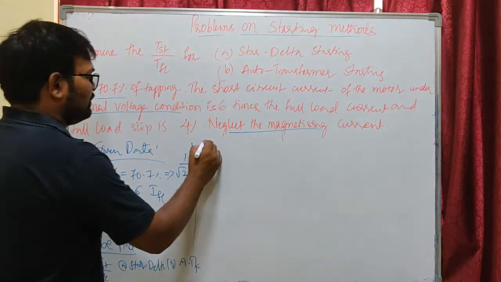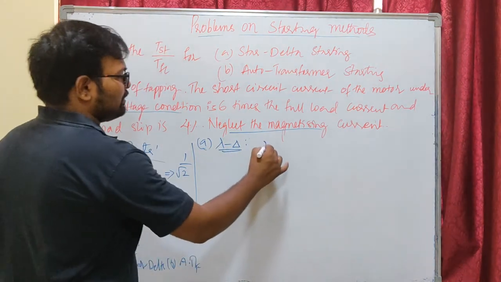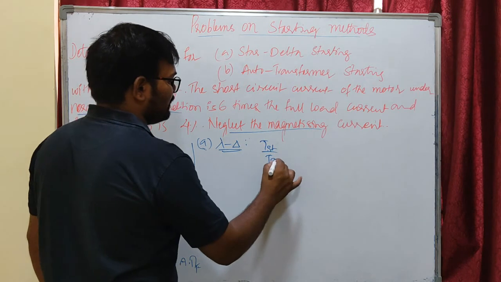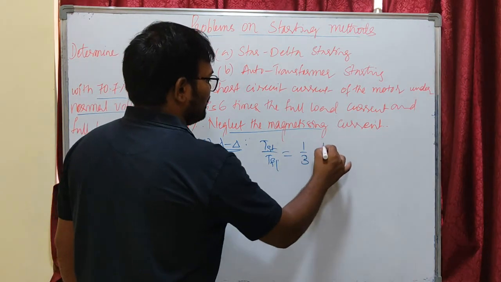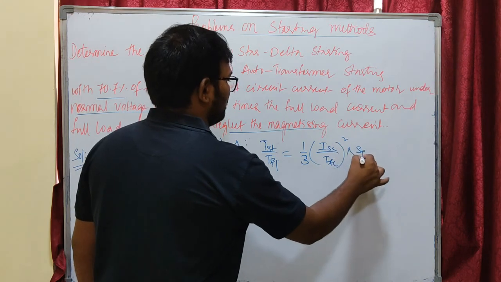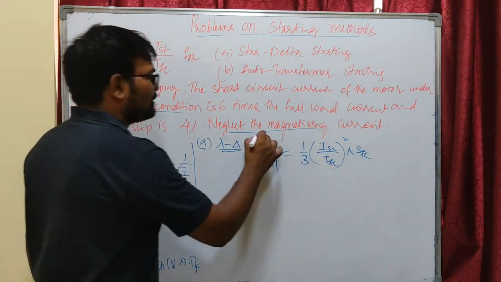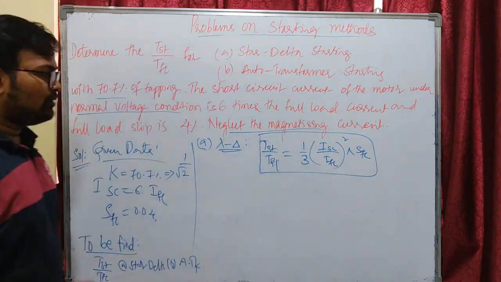So I am going to consider the first one, star delta starting. The relation between starting torque to full load torque for star delta starting is equal to 1 by 3 times ISC by IFL whole square into SFL. So with this expression, the problem is done for star delta starting. You have to remember this expression. That is the only thing. So substitute the values here.